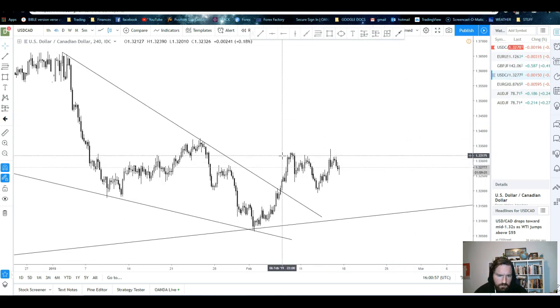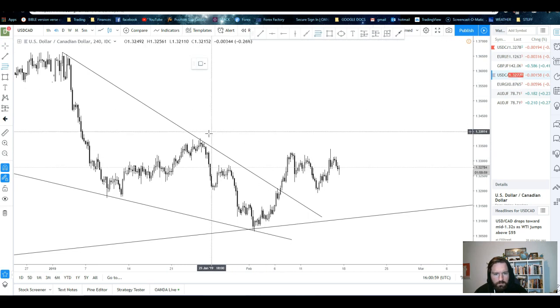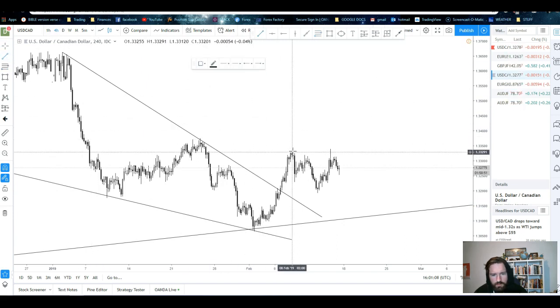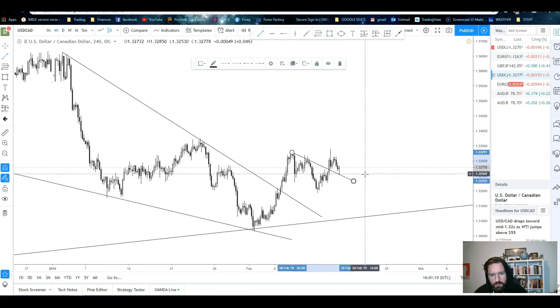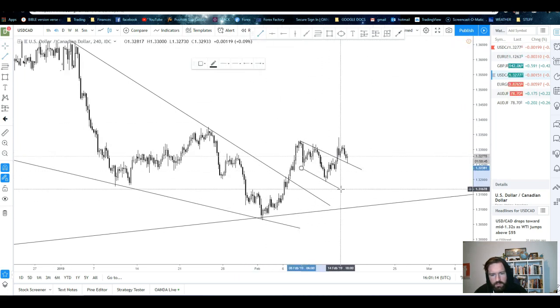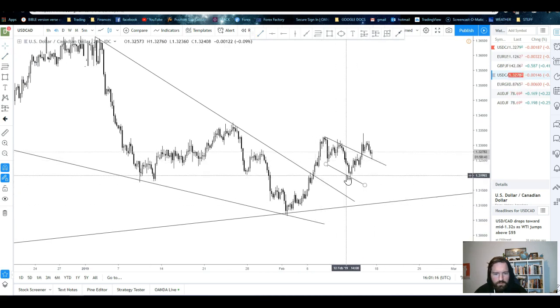And right now we are coming up into some structure that you can see we broke out of this trend line and we're doing a corrective structure, broke out of that, retested, and that was my entry there.